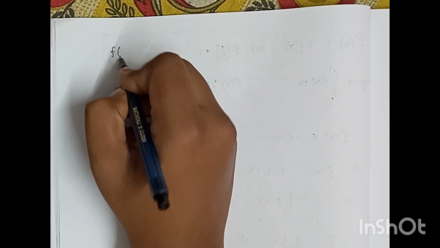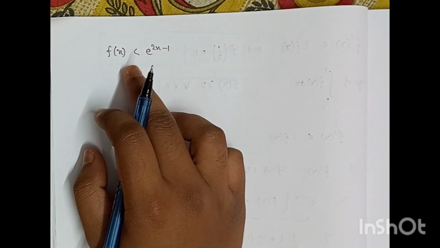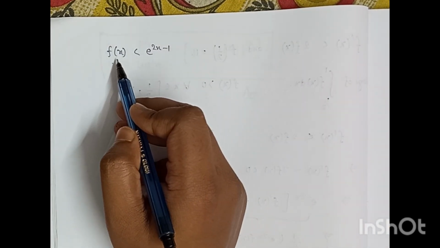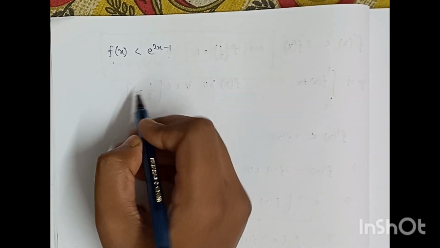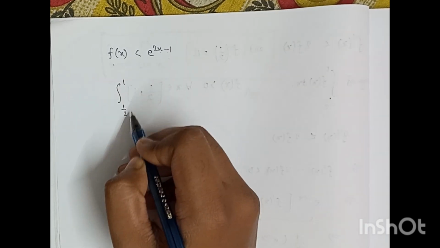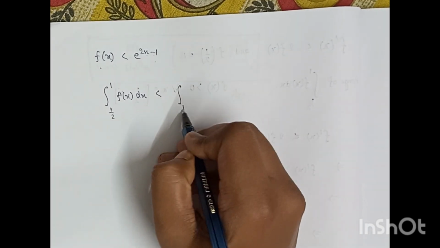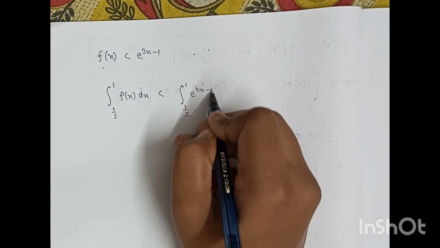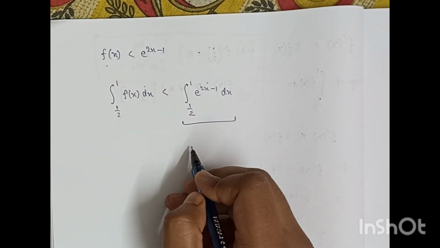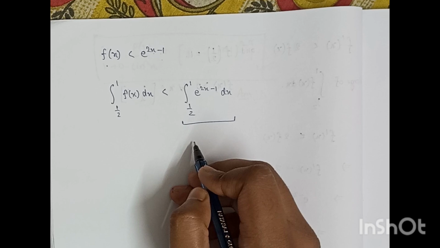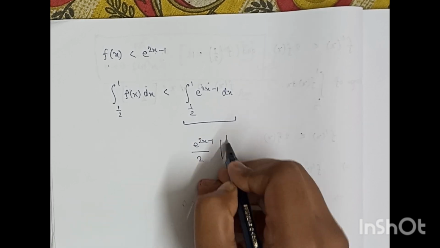Here f(x) is less than e to the power 2x minus 1, and as the question says, f(x) is positive and e to the power 2x minus 1 is also positive, so we can directly compare their integrations. From 1/2 to 1, the integral of f(x) dx is less than the integral from 1/2 to 1 of e to the power 2x minus 1 times dx. So we can evaluate this integral, it will be e to the power 2x minus 1 divided by 2 with limits from 1/2 to 1.